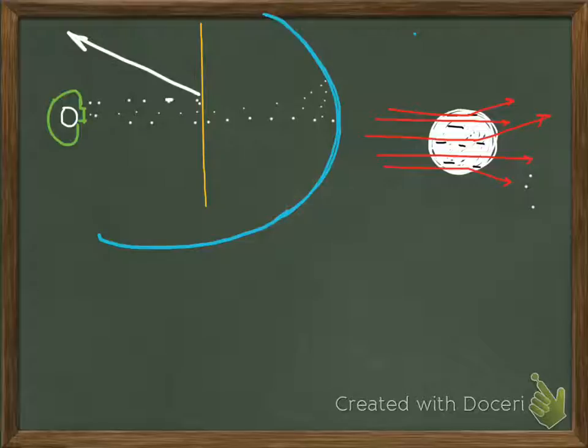So they're seeing like 1 in 800, and they get a few little small scale deflections, but they get, like I said, about 1 in 800 that are either deflected widely or that actually bounce straight back, that come backwards off the foil, as though they were hitting something little and really positive.